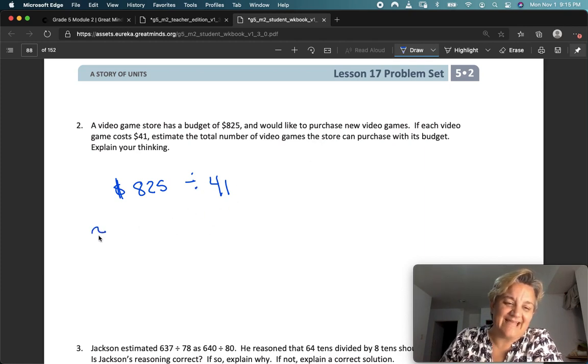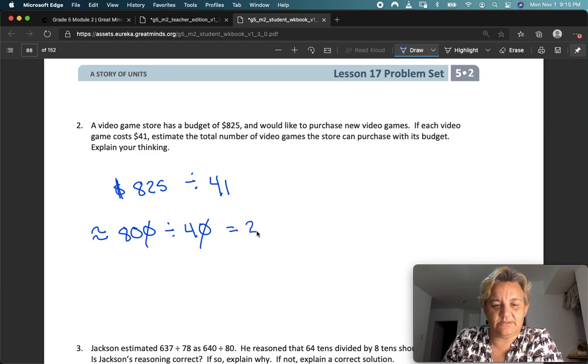They're asking us to estimate. So I'm just going to go ahead and round down to 800 and then round down to 40. And then if I take this and this, that's 80 divided by 4 equals 20. 20 games. Approximately. Explain your thinking. Well, we rounded down.